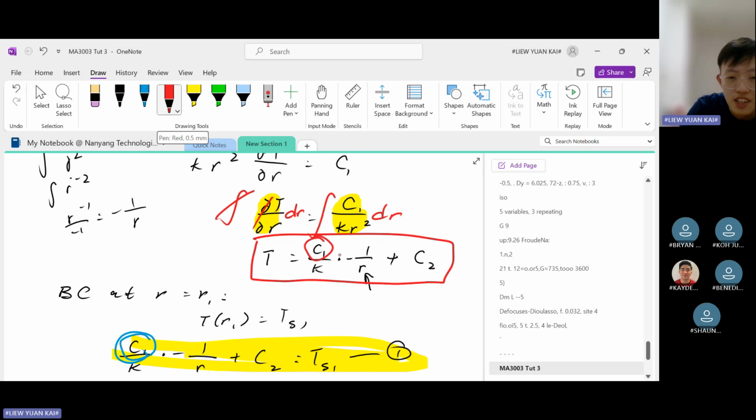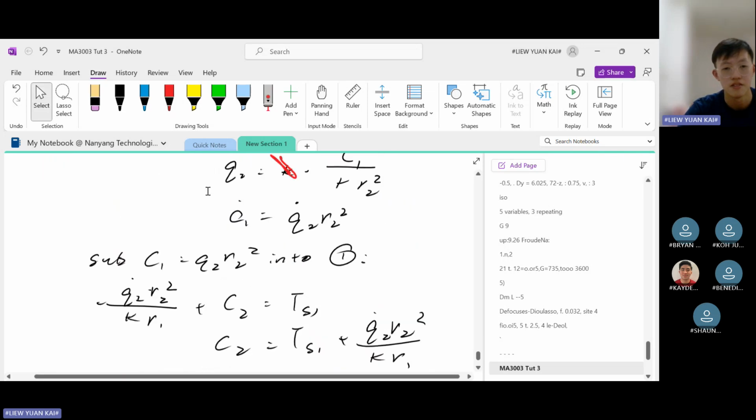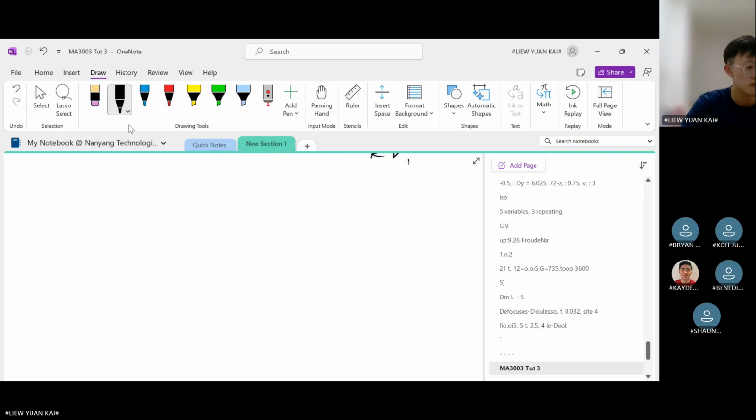At first we didn't know what C1 and C2 were, but we already found them, so we substitute them in and finally get our answer. So sub C1 and C2 into T of r. Okay, so what we get is this.